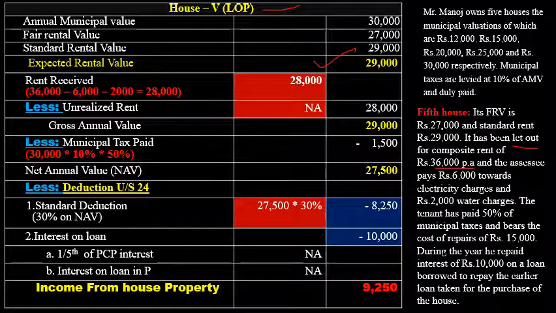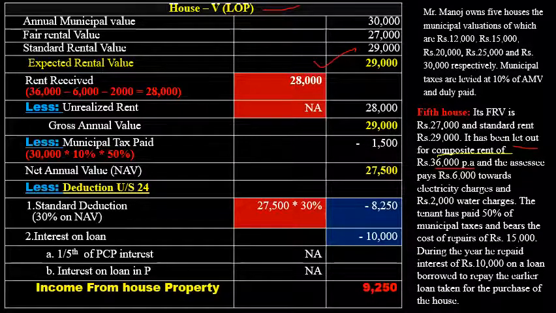Next is rent received. Here the house was let out for composite rent. I have explained the concept of composite rent in the previous class. The rent which includes the cost of other facilities is called a composite rent, and while you are calculating rent received from the composite rent, the cost of other facilities which has been paid by the owner is to be deducted.